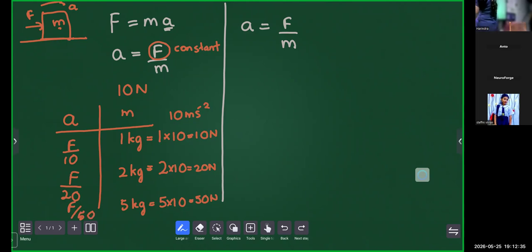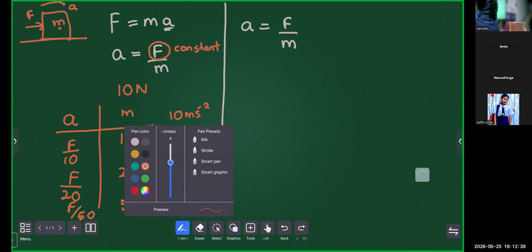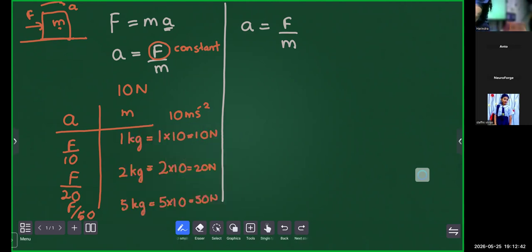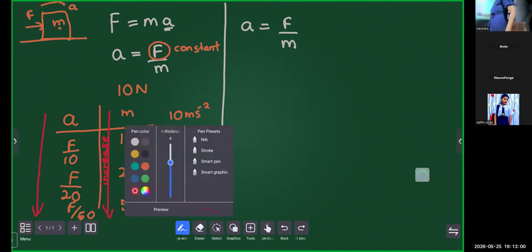So what is happening when the mass of the object is increasing? What is happening to the acceleration when the mass of the object is increasing? This side increases. What happened to the acceleration? Tell me, Anto. Which one has the highest value?